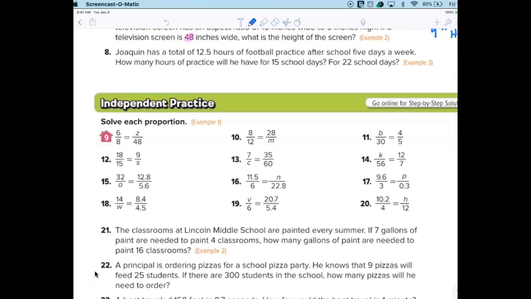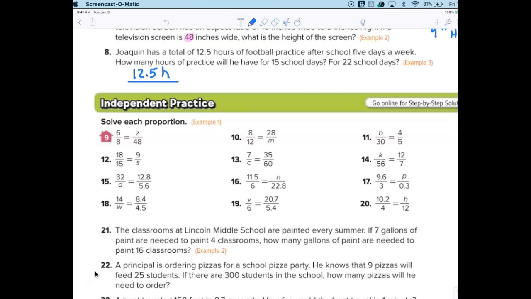Okay, number 8. All right. Now, this person has a total of 12.5 hours of football practice every 5 days. So you write down 12.5 H for what? Hours in a what?